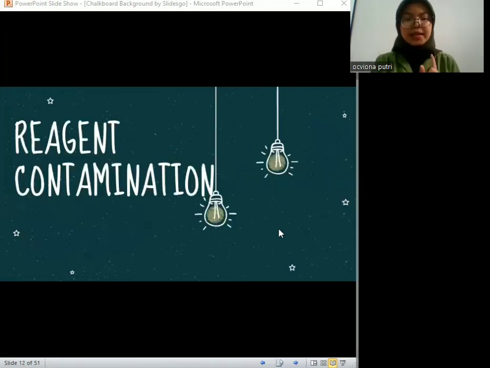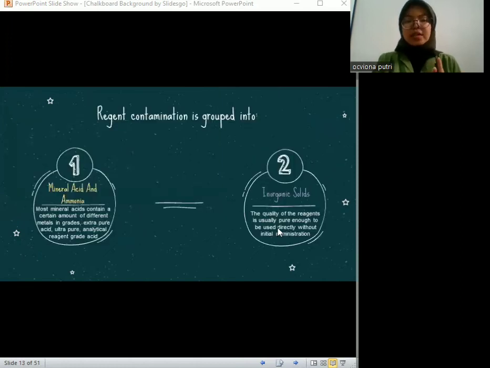We can end the last part with reagent contamination. It is an important part because if we take a sample, we don't want the reagent to be contaminated with other compounds. Reagent contamination is split into 4. The first is mineral acid and ammonia.